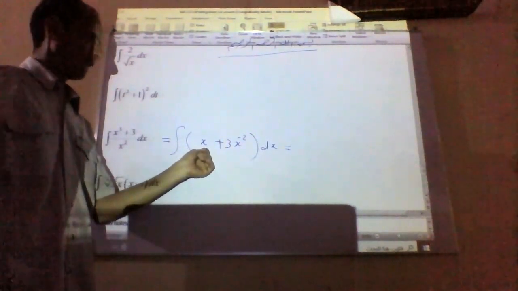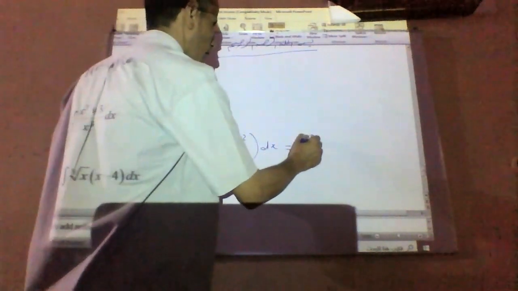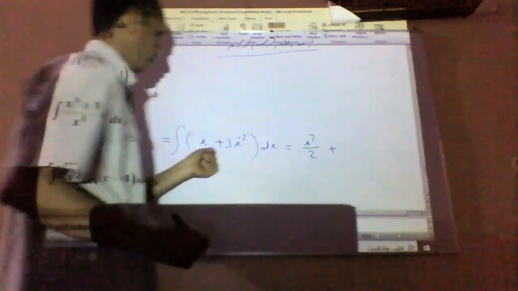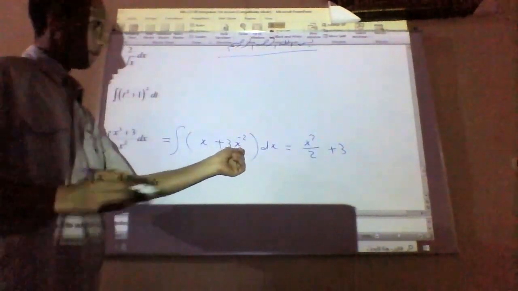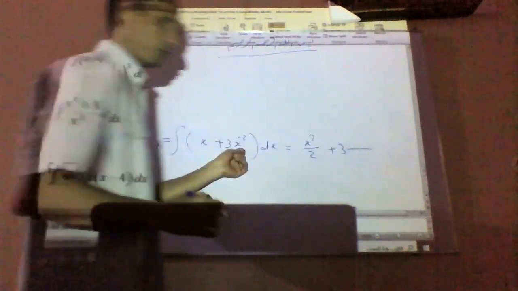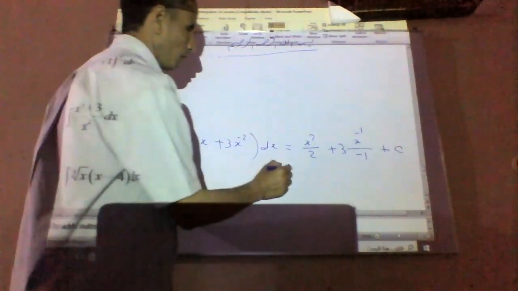The integral of x will be x power 2 divided by 2. The constant 3 as it is. The integral of x power negative 2 will be x power negative 1 divided by negative 1, plus the constant c.